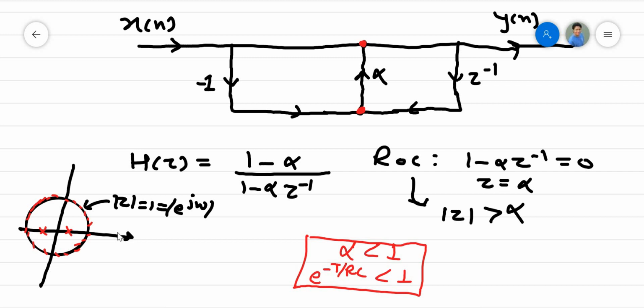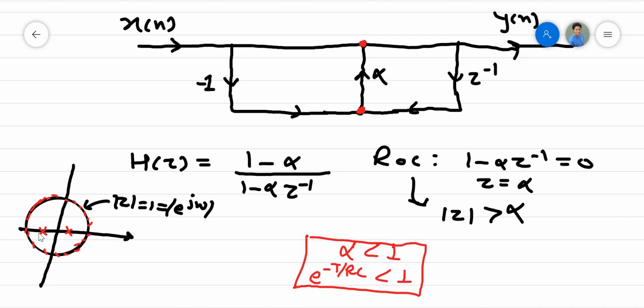So for a filter, it is always mandatory that all the poles of that filter should reside inside the unit circle. Then only you can find out e to the power j omega, which is its Fourier transform. Then you can realize its frequency domain analysis when all the poles are inside this unit circle.